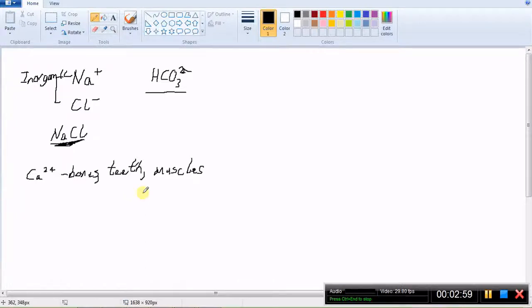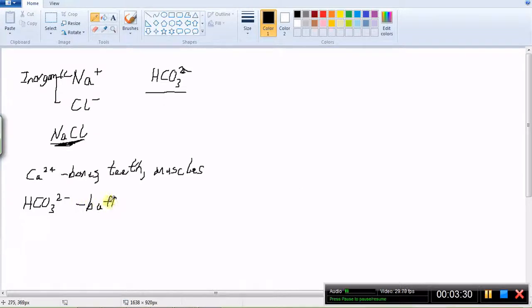Okay, next example we'll go over is what I wrote up there already, HCO3 2 minus, and that's called carbonate. It comes from CO2. Our cells produce carbon dioxide as a waste product, and then that CO2 gets converted into this HCO3 in our blood, and that acts as a buffer.